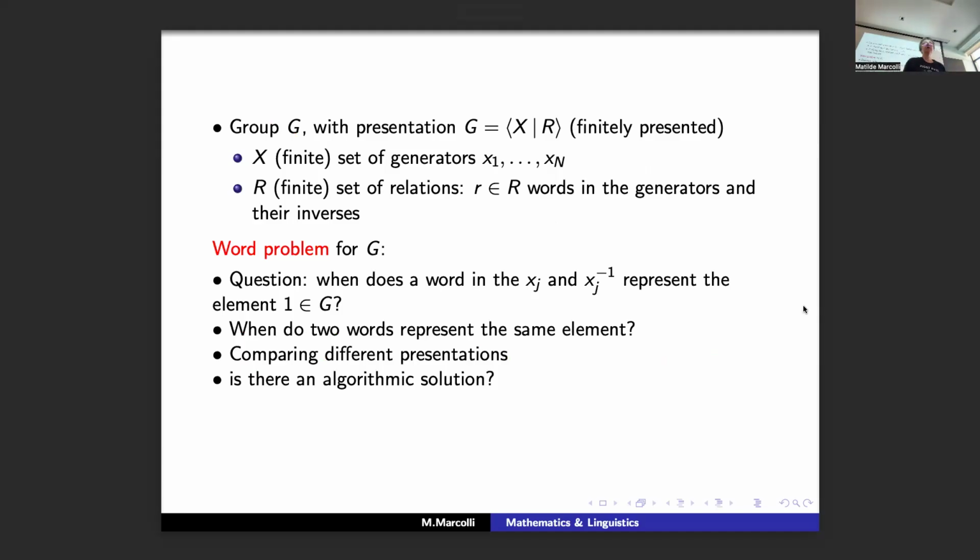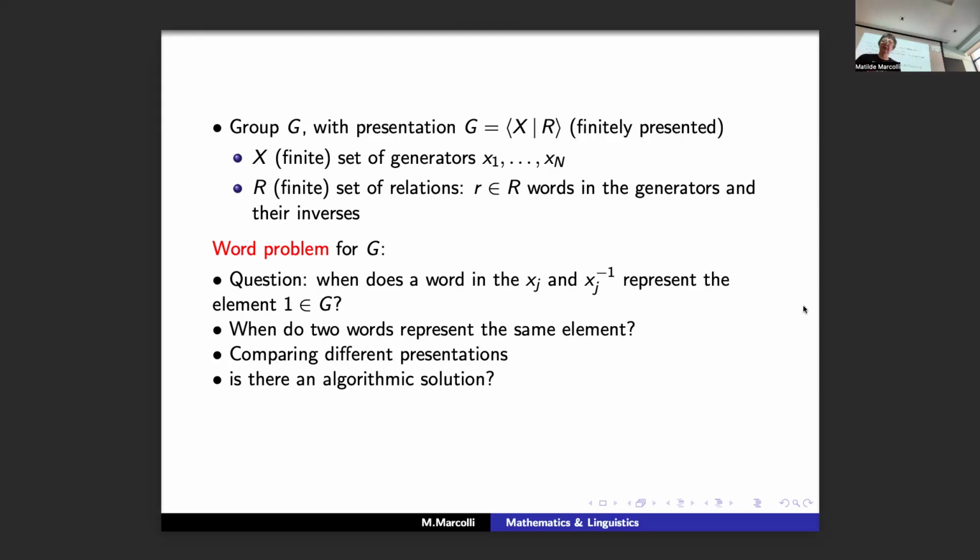As I said, I wanted to give some examples to get a little bit more of the feeling of how these formal languages work. One can consider the examples that come from groups. Imagine that you have a finitely presented group, so you have a finite set of generators and a finite set of relations that determine the group.